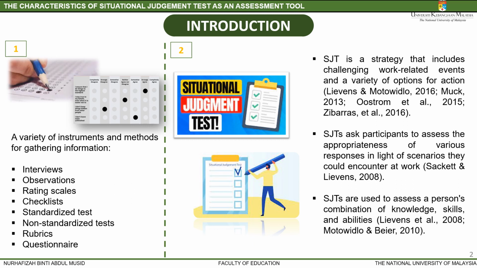It has been determined that the SJT methodology is a useful approach for assessing significant non-academic traits. SJTs ask participants to assess the appropriateness of various responses in light of scenarios they could encounter at work. SJTs are used to assess a person's combination of knowledge, skills, and abilities.